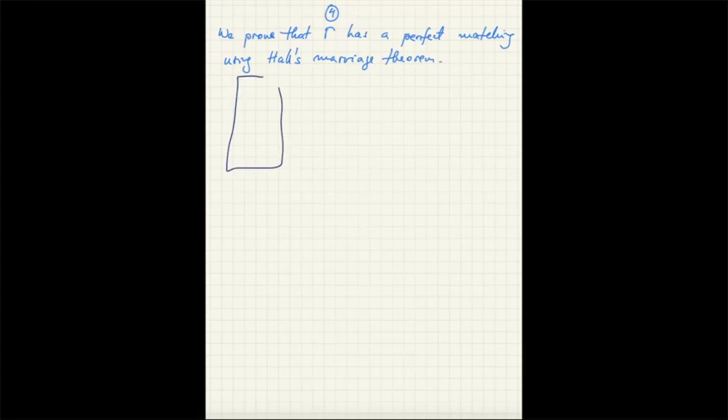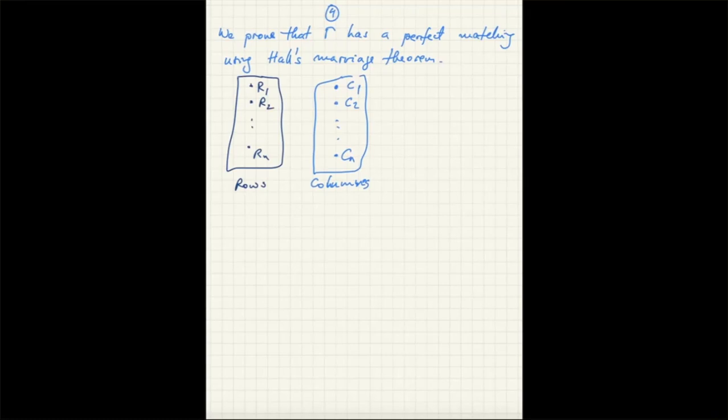We have our set of rows here. And we have our set of columns. So to prove this, we use Hall's marriage theorem.